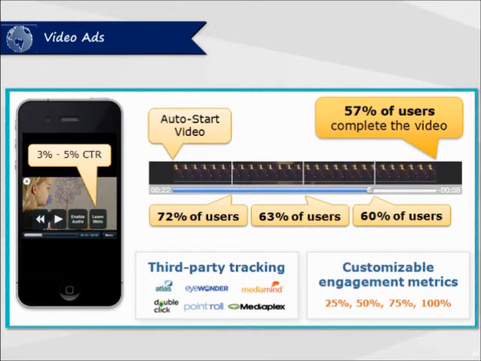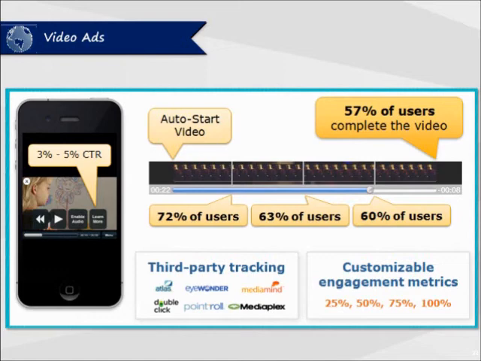Finally, video ads. Just want to share a few performance statistics on the video ads. So as I mentioned earlier, we get a 3 to 5% click-through rate, which you see there on the left. That Learn More button, as I mentioned, can be customized by the advertiser and can go to any sort of URL that the advertiser chooses.